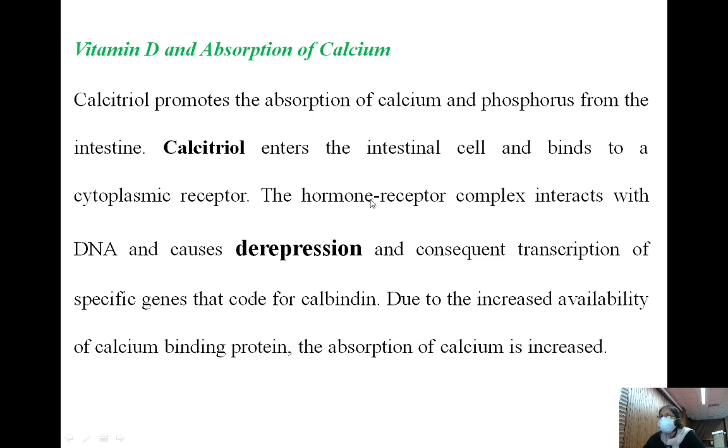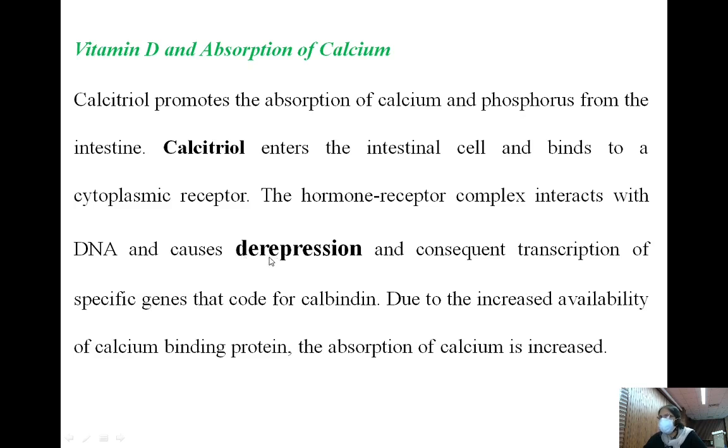It acts upon the specific sequence of the DNA and causes de-repression and consequent transcription of a specific gene, which codes for calbindin. Due to increased availability of the calcium binding protein, absorption of calcium is increased.